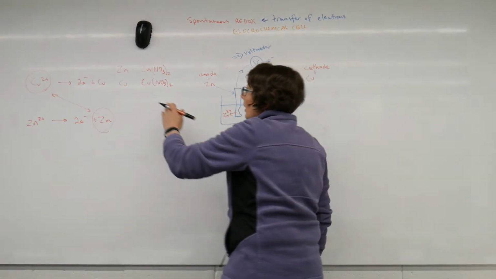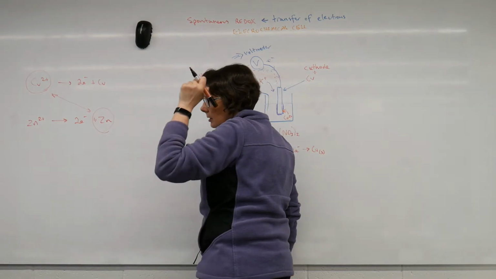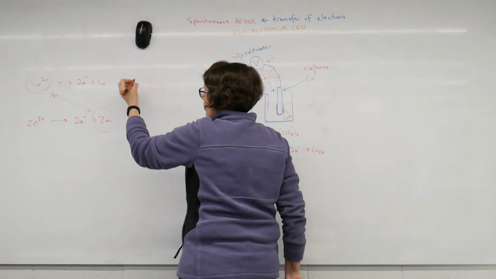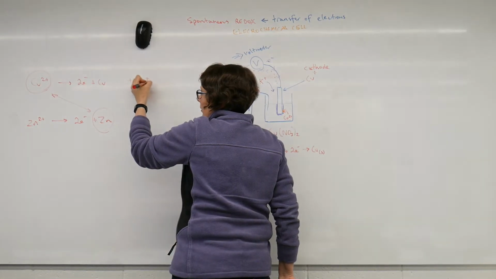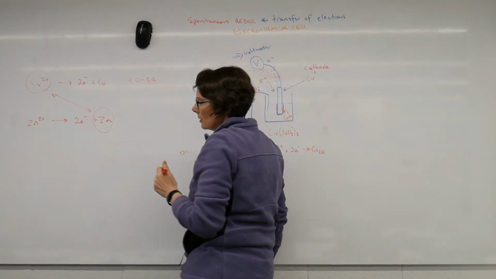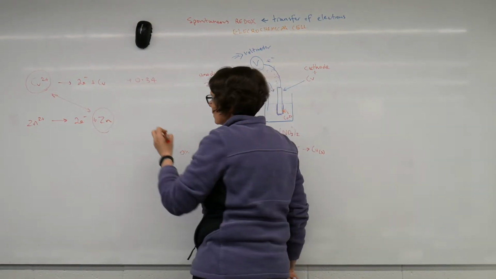So what's the number next to the copper half equation? Positive 0.34. Positive 0.34. And what's the value next to the zinc? Negative 0.76.